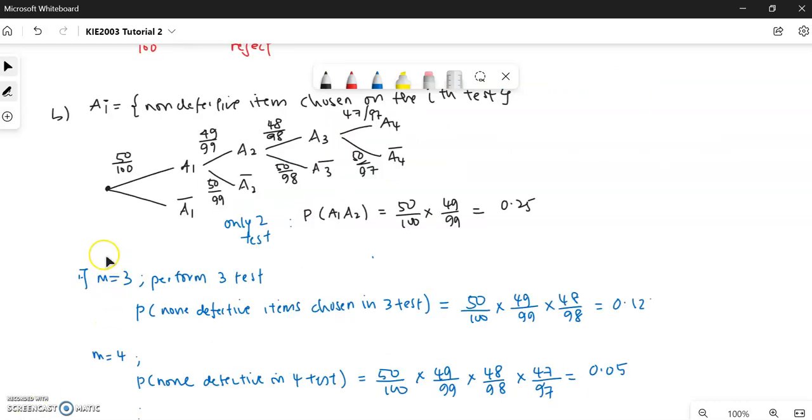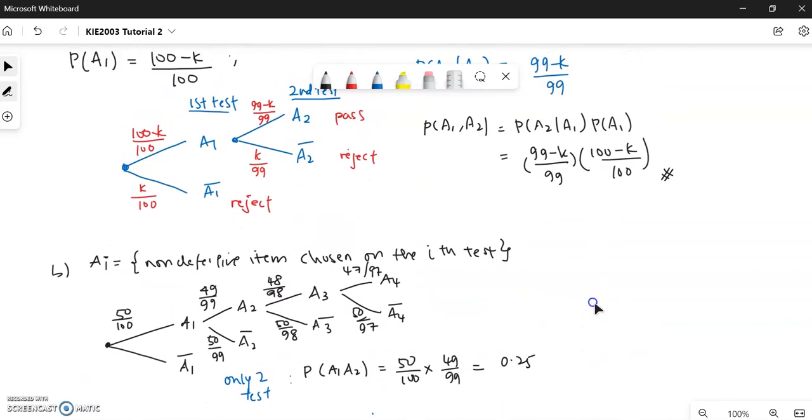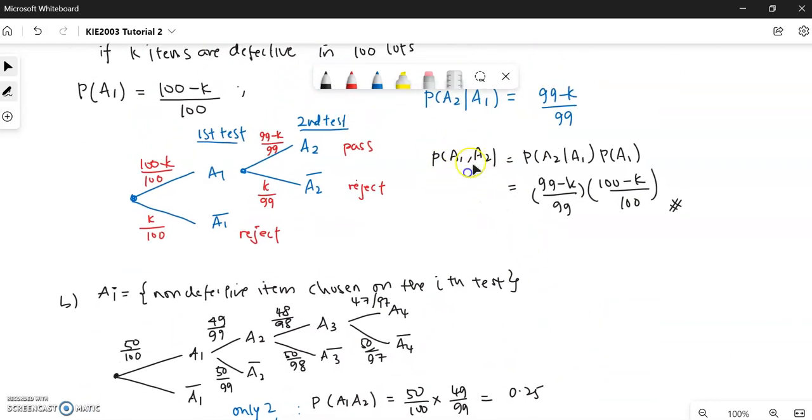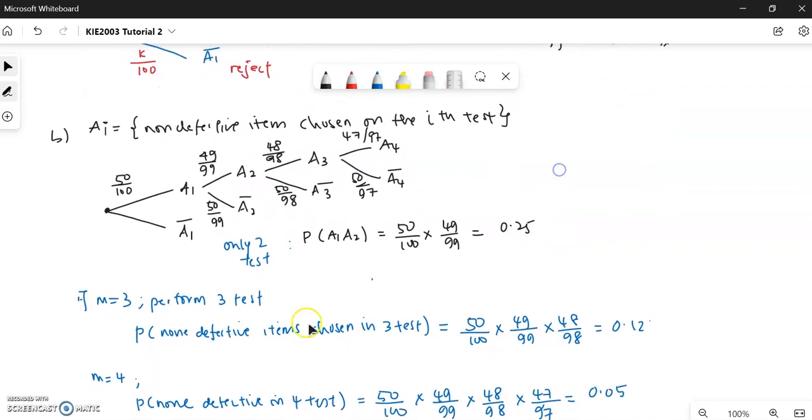If we take M equals 3, whereby we perform three tests, let's look at the probability that none of the tests obtain a defective item. You multiply this with this and this, just the same way as we did for the two tests. In this case, non-defective item chosen in three tests, what we found is 0.12.